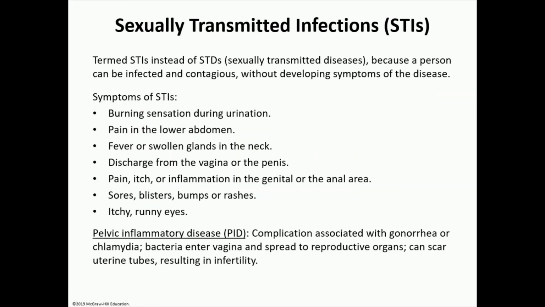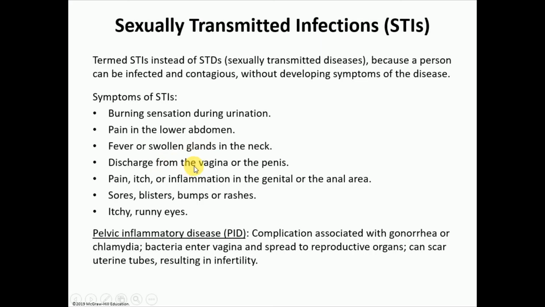Now, a little bit on STIs, or sexually transmitted infections. We tend to call them STIs now instead of STDs, because they are infections and they are contagious. Some of the common symptoms would be burning sensation during urination, pain in the lower abdomen or pelvic pain, fever and swollen glands, so the lymph nodes.